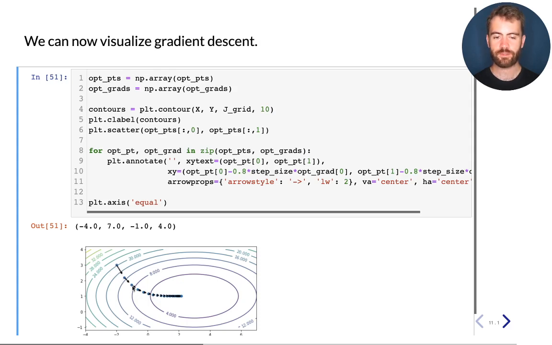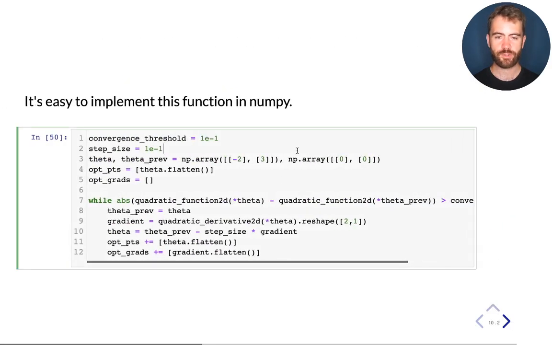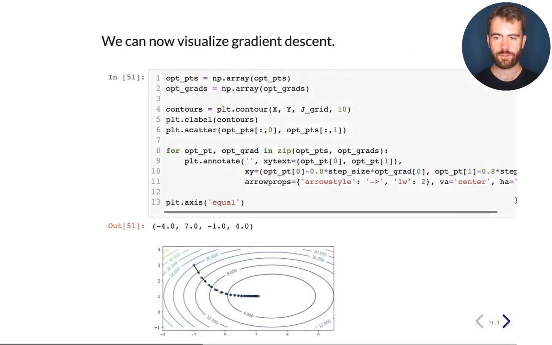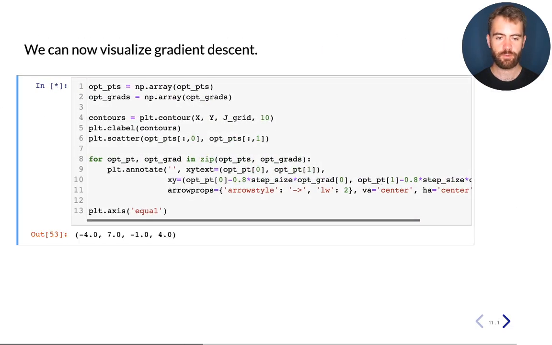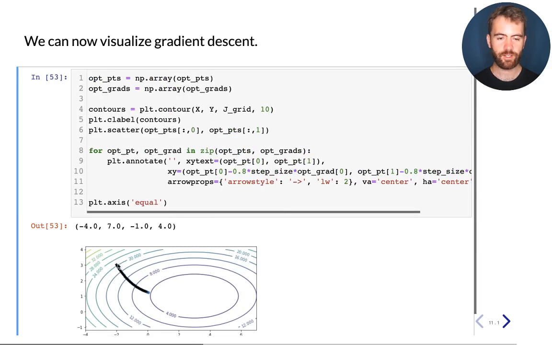We are still taking the same trajectory, but we're taking more steps to reach it, because at each step I'm making less progress than I used to. We can make this even a little bit more extreme and make the step size 10 to the power minus 2. And now if I again revisualize the trajectory, I get a very, very slow movement. In fact, at the end, it becomes so slow that it doesn't even reach the minimum. So this shows the effect of using a learning rate that might be a little bit too small.